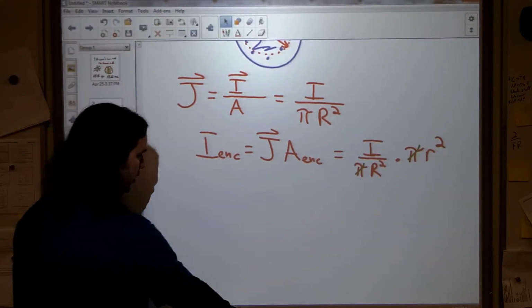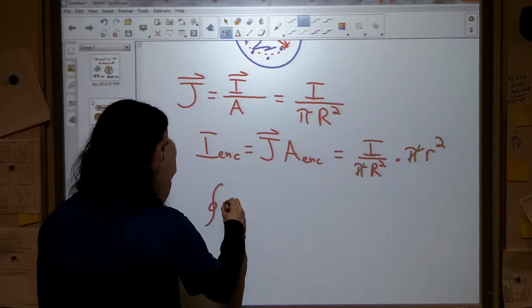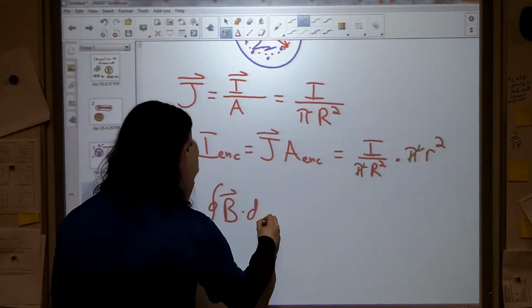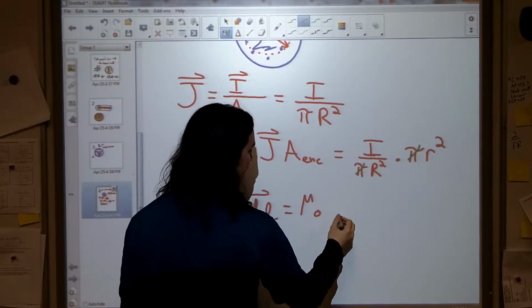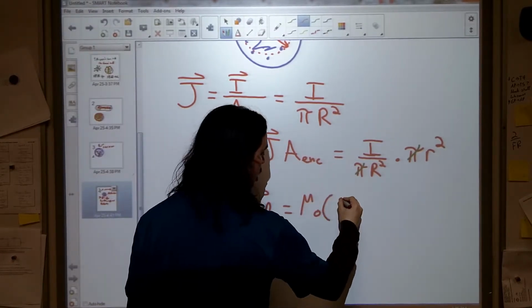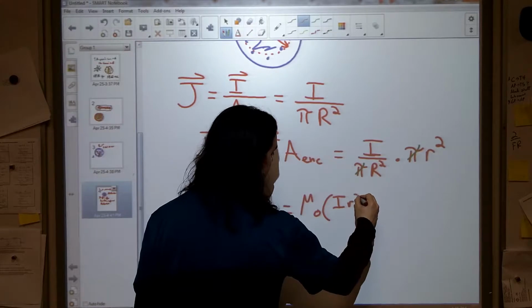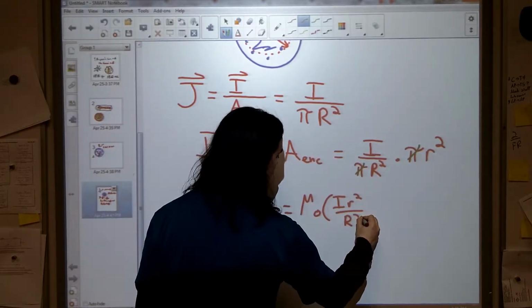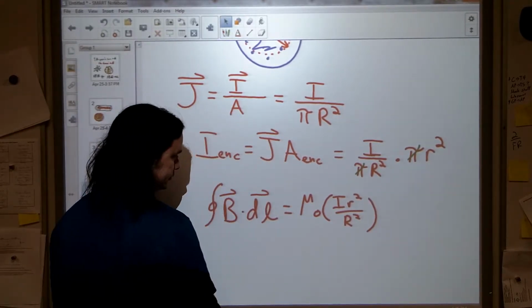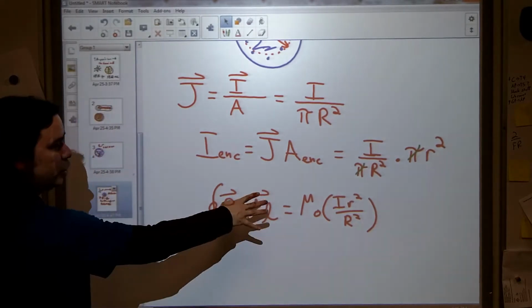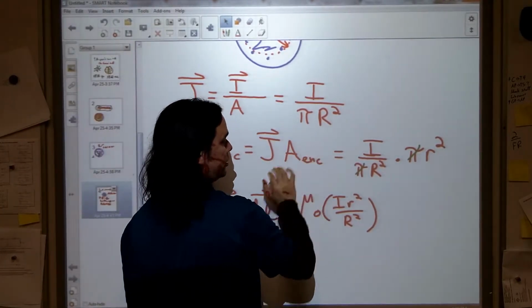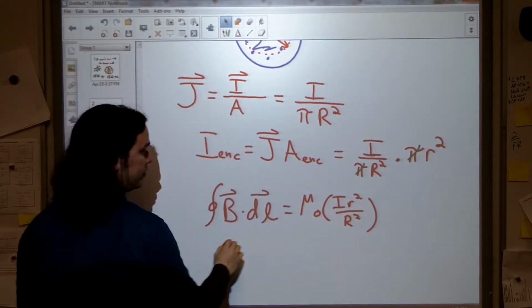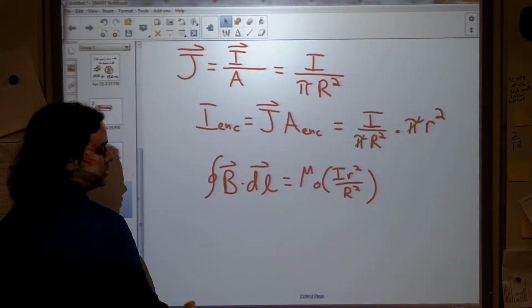In short, we get the following: the closed integral of B dot dl equals mu naught times our enclosed current, which is going to be I times little r squared over big R squared. That's my current enclosed. It is my current density times the enclosed area, which will give me the enclosed current.